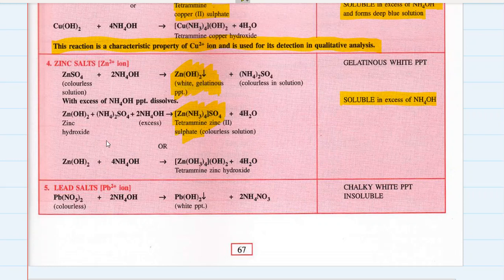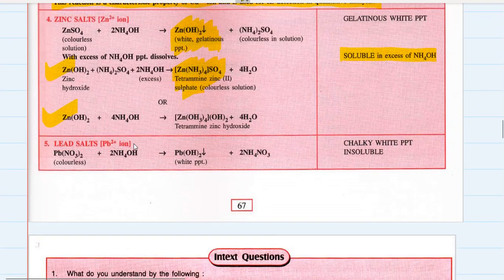So remember both these equations, what happens with zinc sulfate solution when excess alkali, that is ammonium hydroxide, is added to it. Lead salts, what happens with lead salts? Lead salts are generally colorless, and when ammonium hydroxide is added to lead salts, you get a white PPT, which is chalky white.